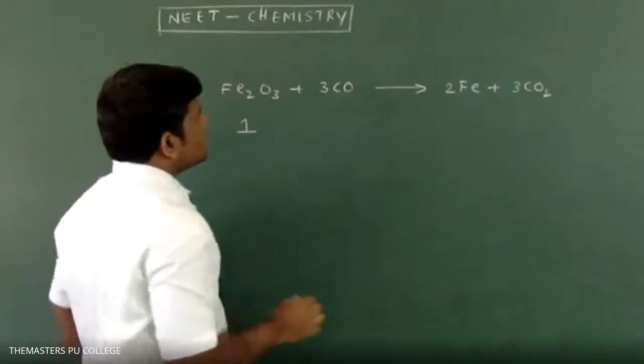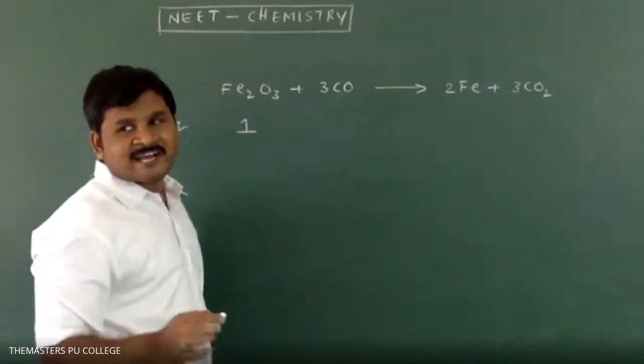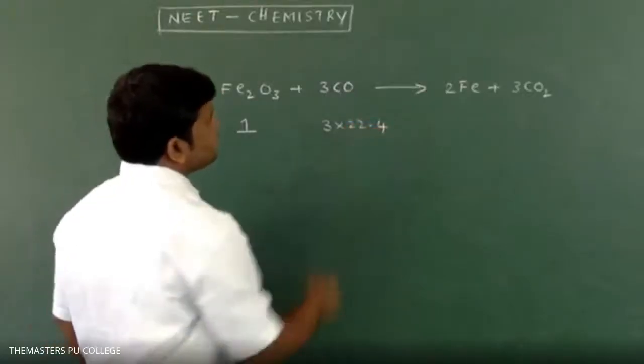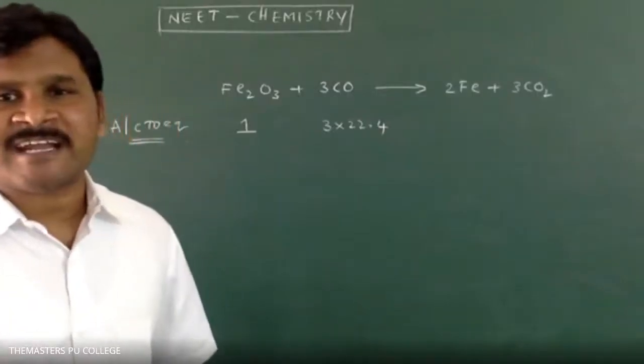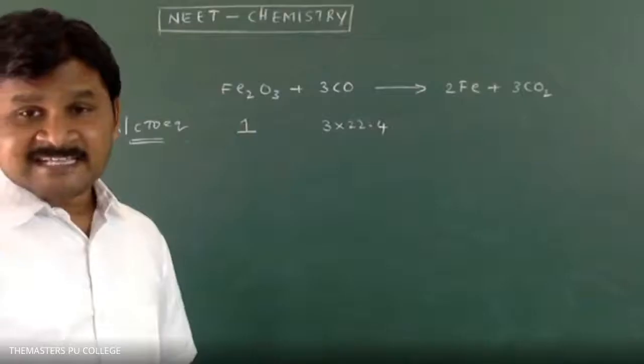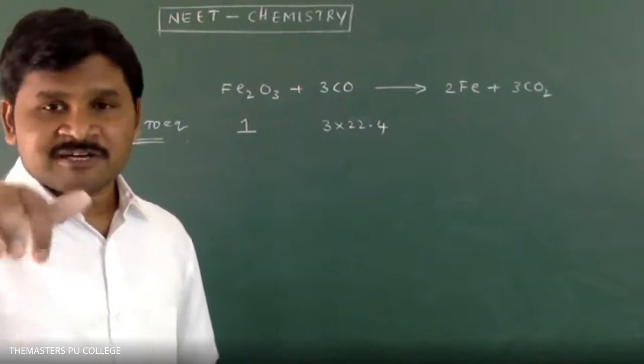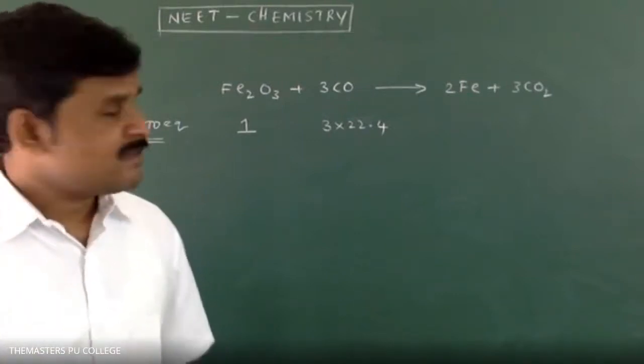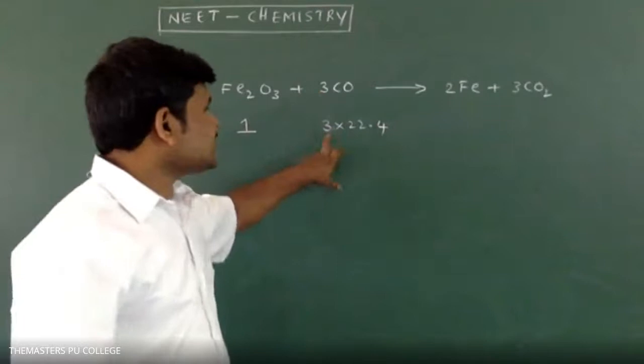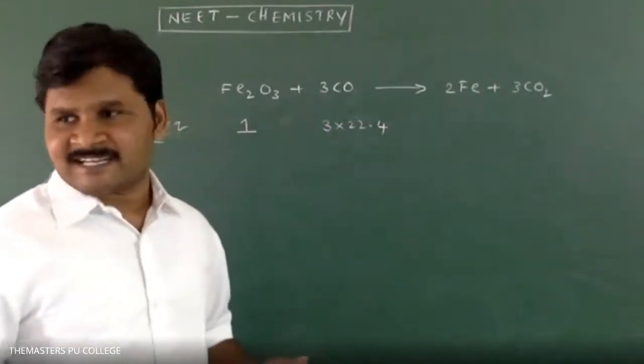So how many moles of CO do I have? 3 moles. So 3 into 22.4 is 67.2. Why 3 into 22.4? At HTP is given, and he asked the volume of CO. Volume means at HTP we take 22.4 only, but we have 3 moles, so 3 into 22.4 liters.